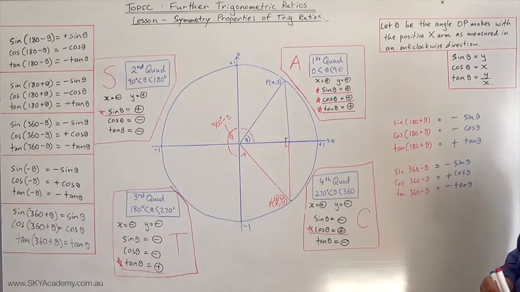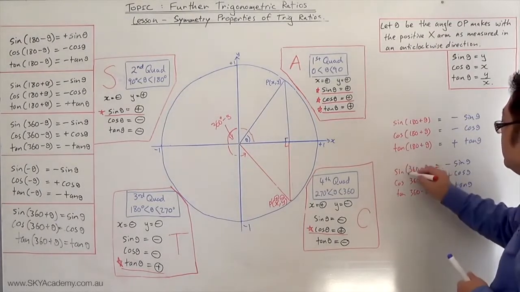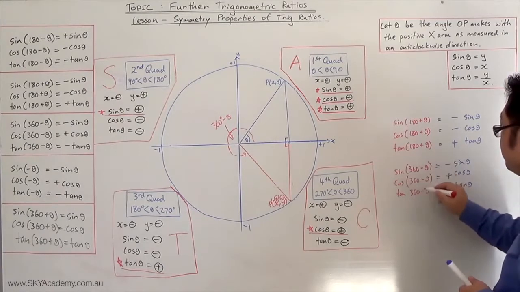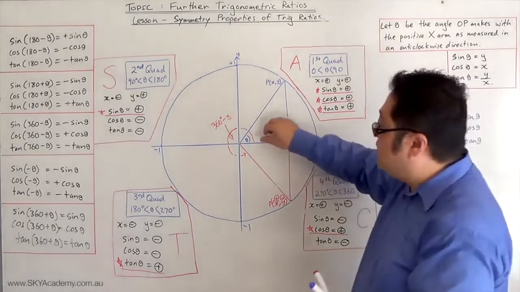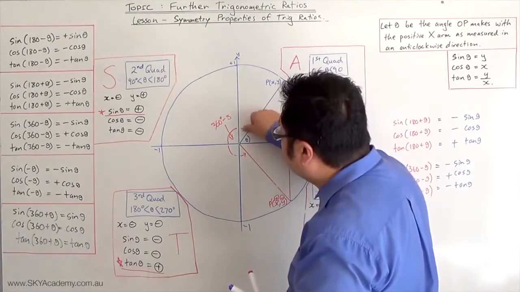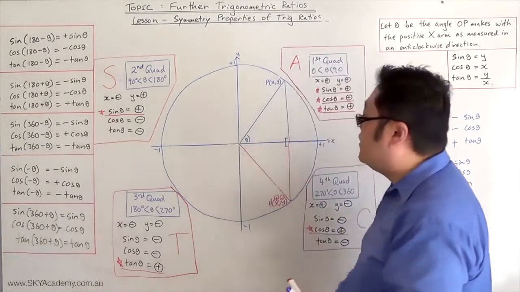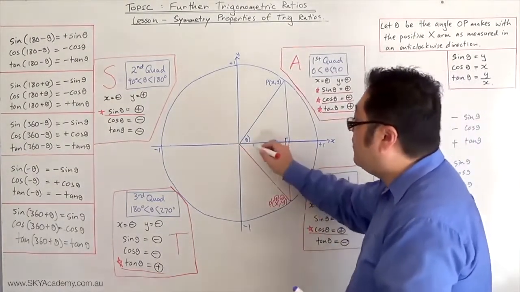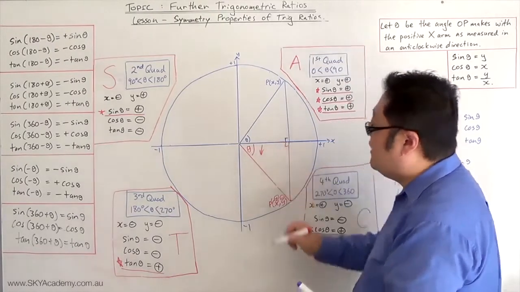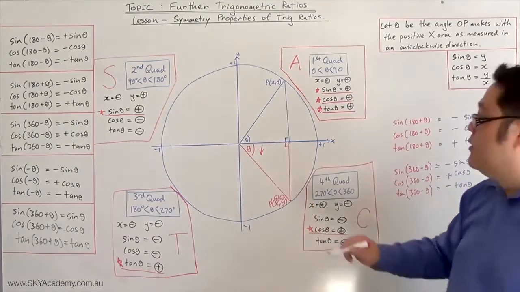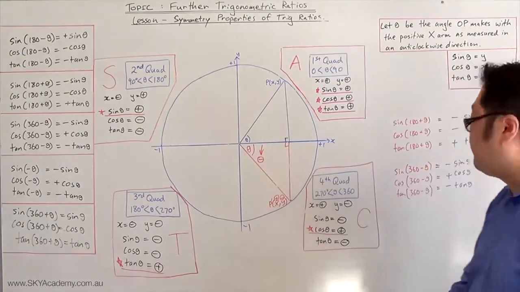The other thing I want you to notice with the fourth quadrant is that it can also be expressed not as the angle 360 minus theta, but as theta going in the opposite direction, which means it's going in a negative direction.